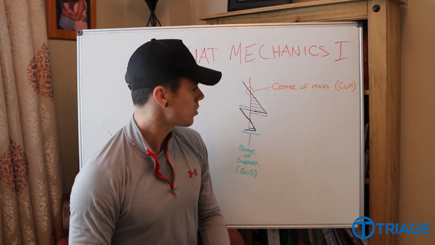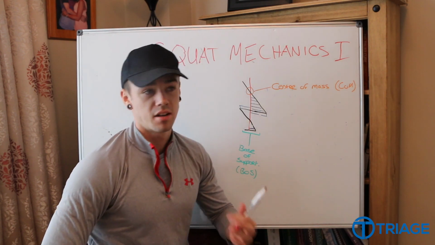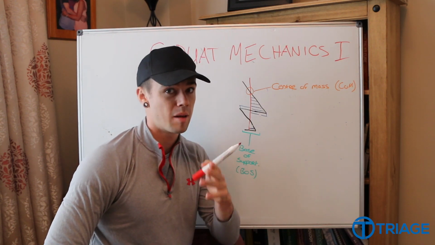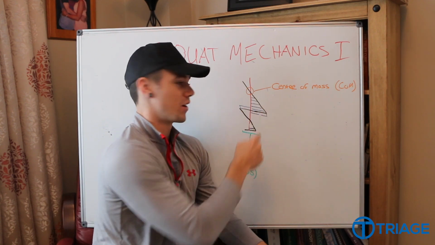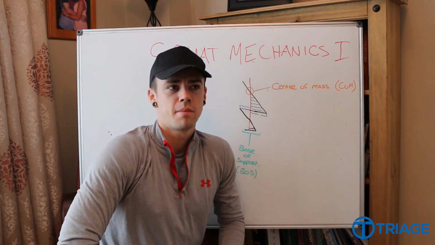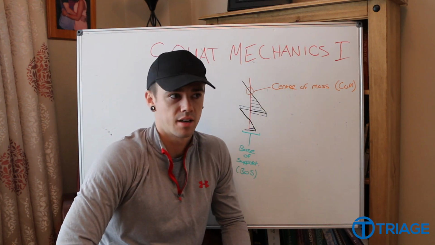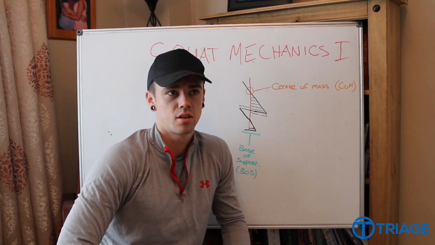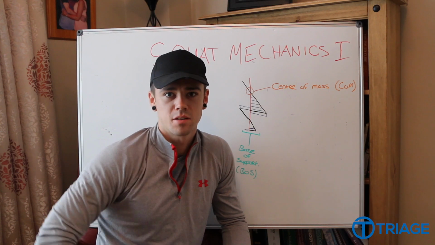Okay, so when we understand those two concepts, just to scale back a little bit, this is your ankle joint, this is your knee joint, this is your hip joint, and this is your spine. What you may not be conscious of is that your spine is not just one big thing at which forces are required to be created.